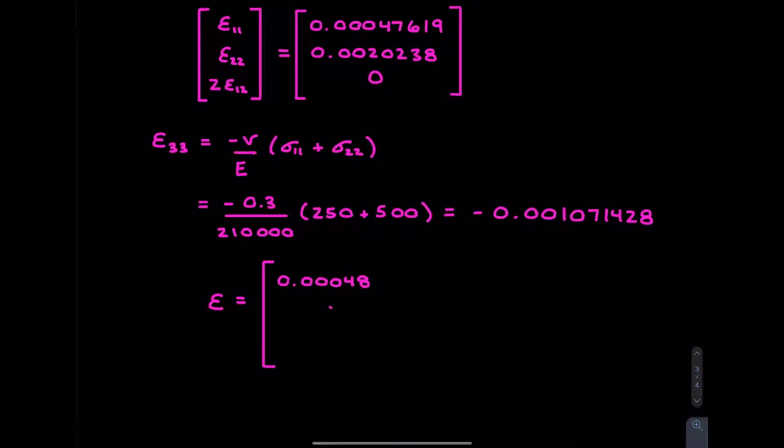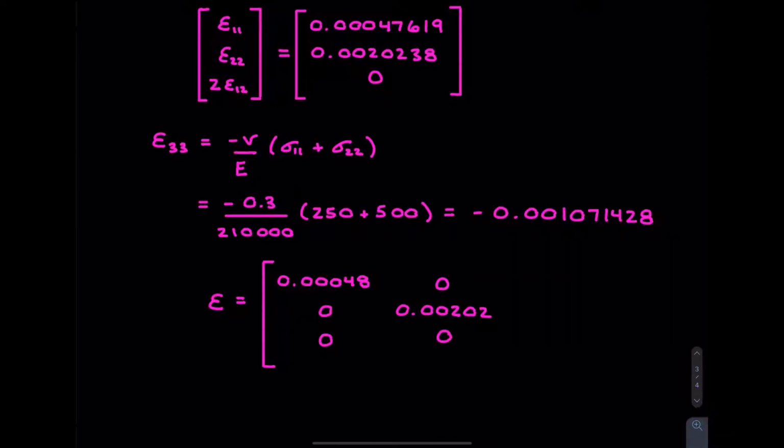We found out that epsilon 12 and 13 are equal to 0. Moving on to the second column, our only non-zero is going to be epsilon 22, which was 0.00202. So I'll just go 202. I won't put too much more. Again, you can see all the extra decimal spots if you want to.